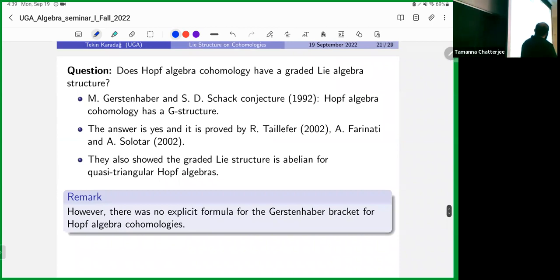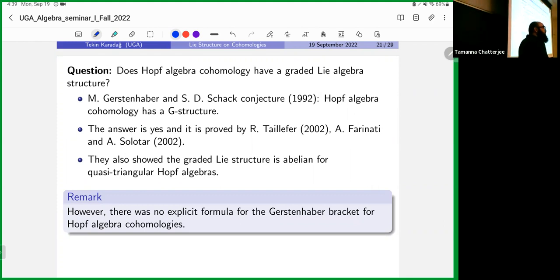That was conjectured by Gerstenhaber and Hopf in 1992: whether Hochschild cohomology has a graded algebra structure. Heidegger, Fernandi and Karadağ answered the question at the same time in 2002, and the answer is yes.